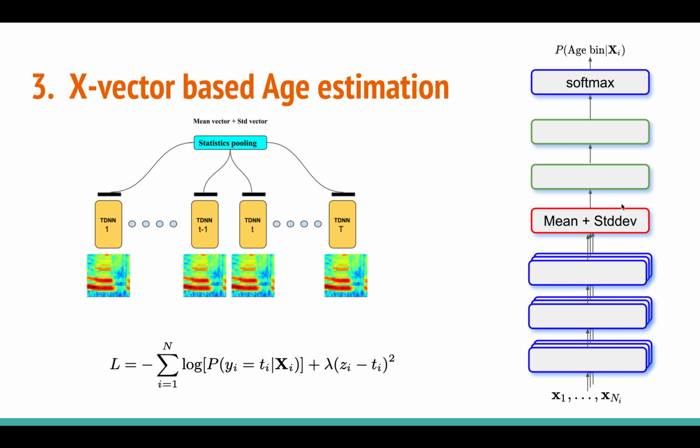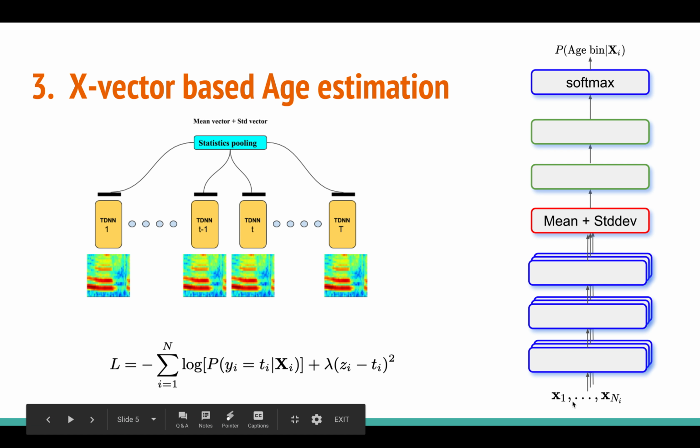This mean and standard deviation block will give us one vector, which we are going to feed to a deep feed forward neural network. Let's say there are two feed forward layers, and the final one goes to softmax, and from the softmax we can predict the age of the person given this xi, which is the input audio. So that is the X vector system.